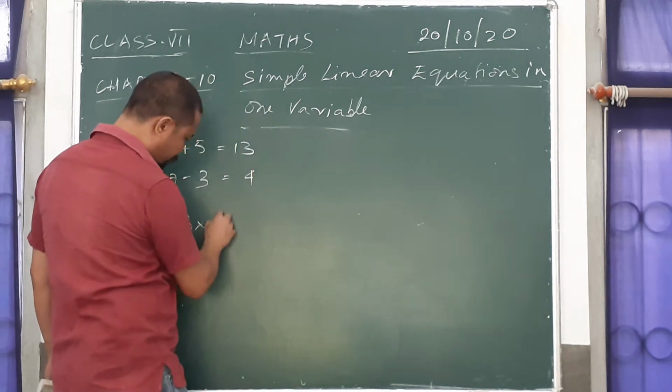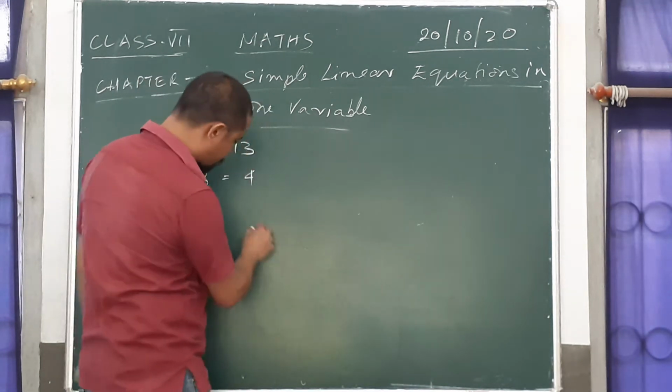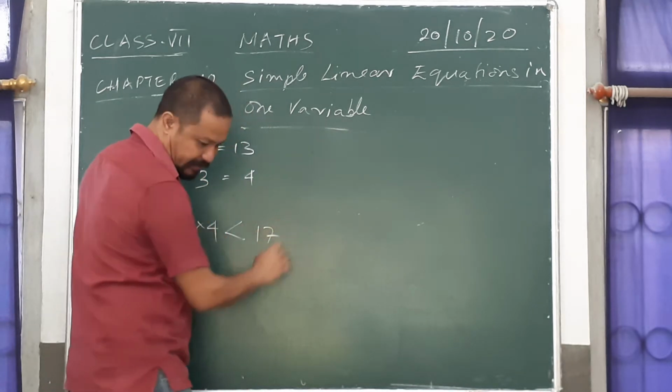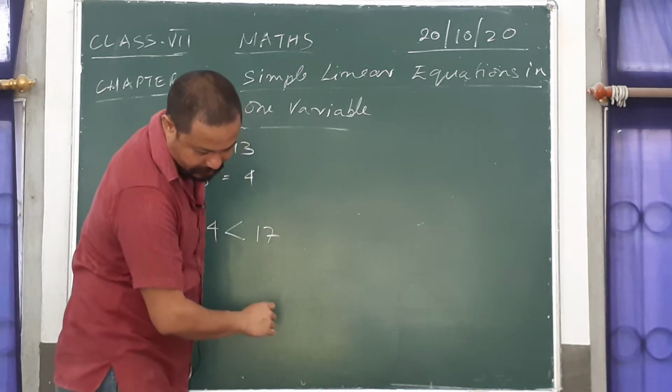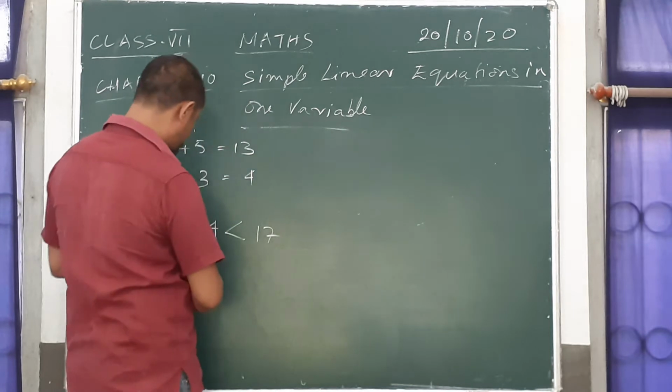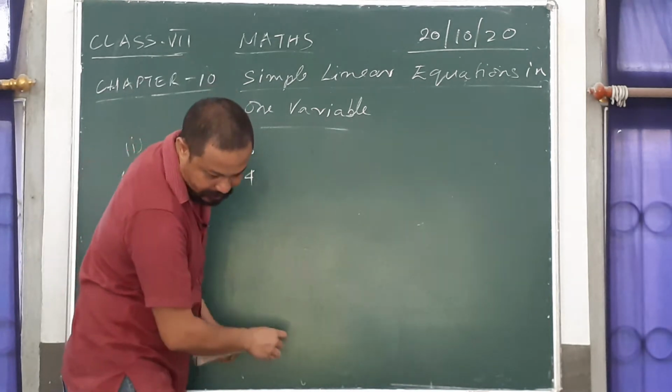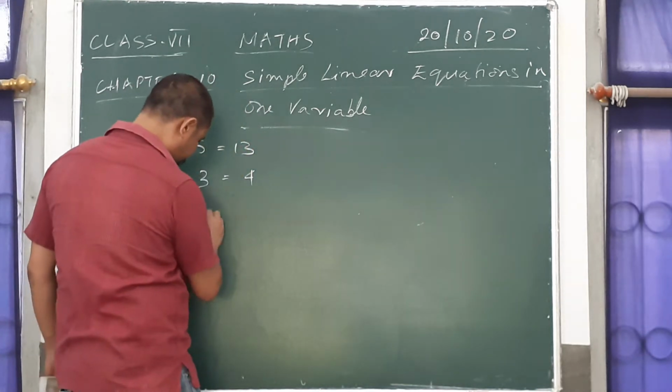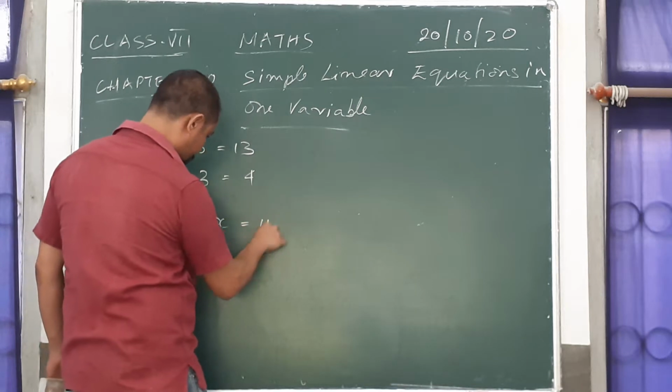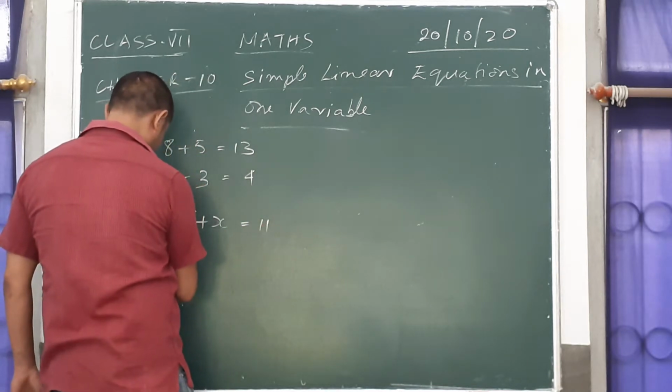3 into 4 is lesser than 17. Then no, this will not be the third one. The third one will be 6 plus x equals 11. Okay. And we have the fourth one.